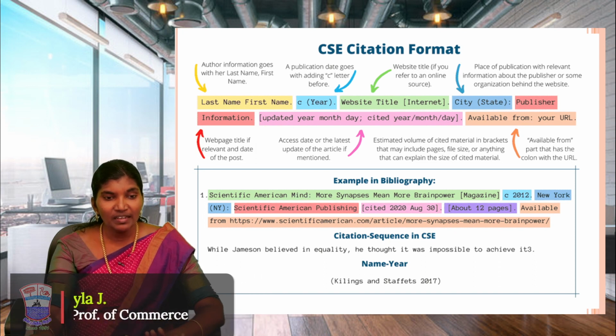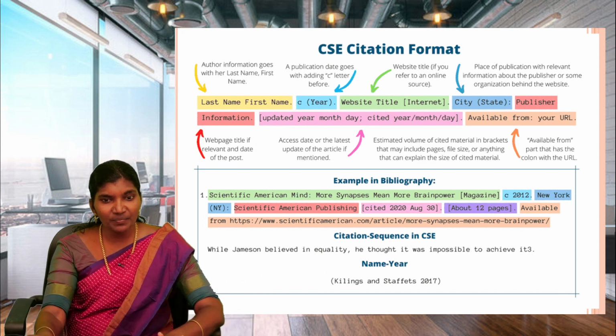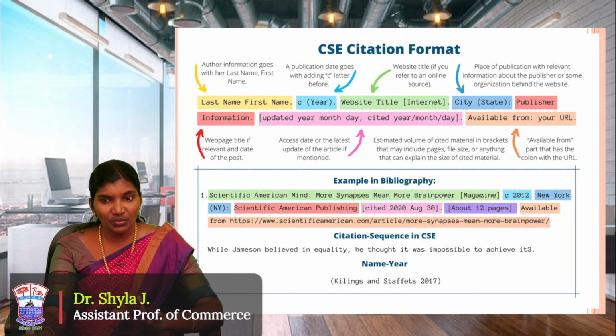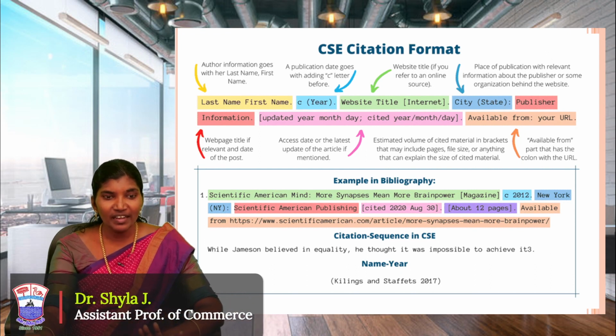See the example: Scientific American Mind, More Synapses Mean More Brain Power, magazine. It is C2012 New York, Scientific American Publishing, cited 2020 August 30. This is a year which is mentioned within the parenthesis.